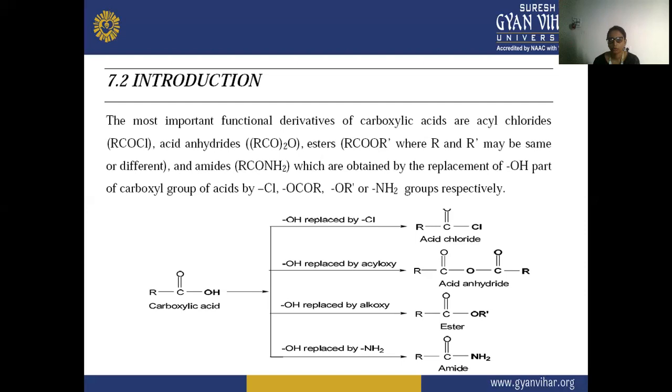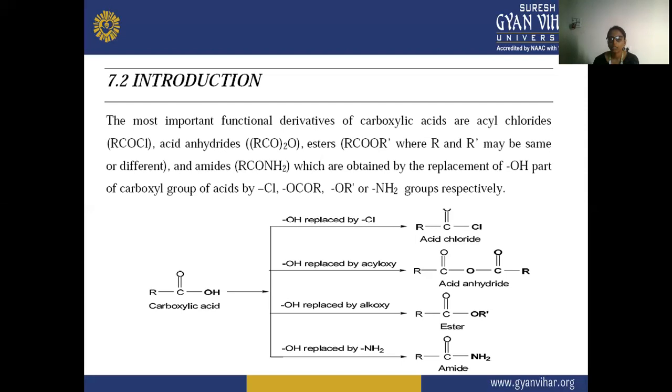That is your acyl chloride, which has the functional formula RCOCl. Second is your acid anhydride, which has the formula (RCO)2O. Next is your ester, which has the formula RCOOR dash, in which R and R dash can be the same, or they can be different also.